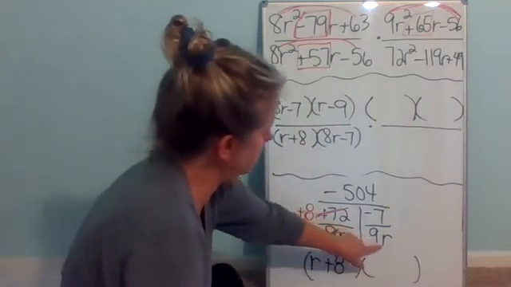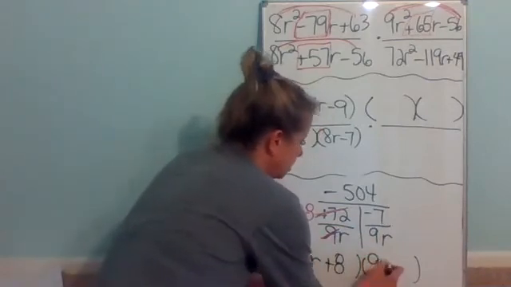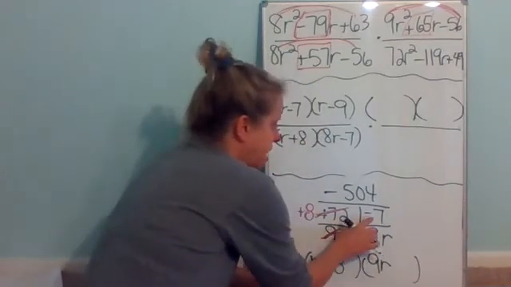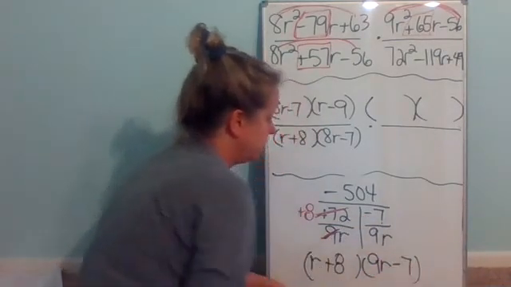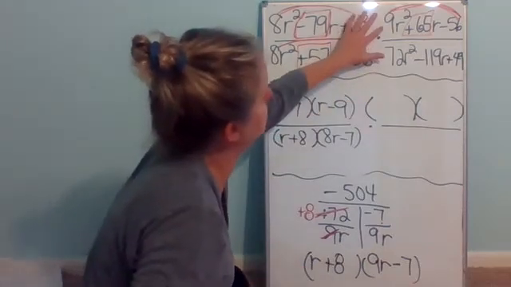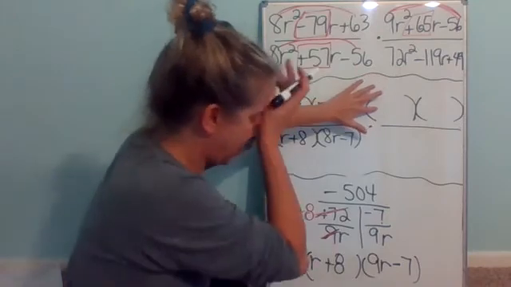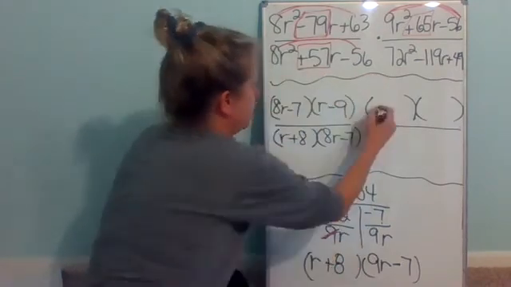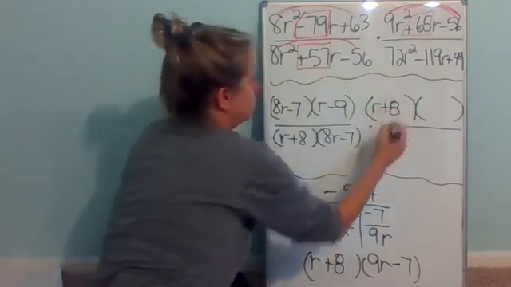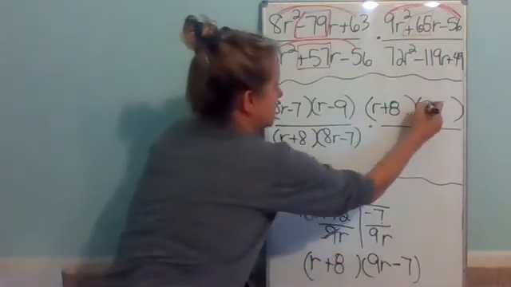In the bottom here, 9R. In the top with its sign, minus 7. So where does this go? That was the top of the second fraction, right? So let's put it in the top of the second fraction. I've got R plus 8. And I've got 9R minus 7.